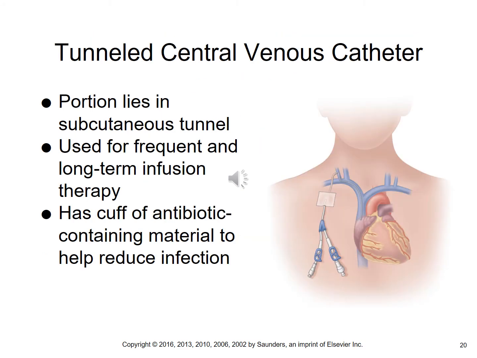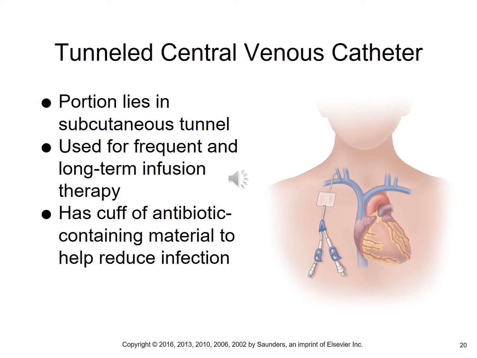All right, so tunneled central venous catheters. A tunneled catheter has a portion of the line in the subcutaneous tunnel, and the other portion is actually outside the skin. There's a great picture of it on page 195, figure 13-8.